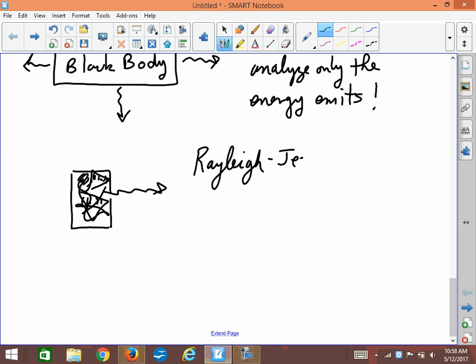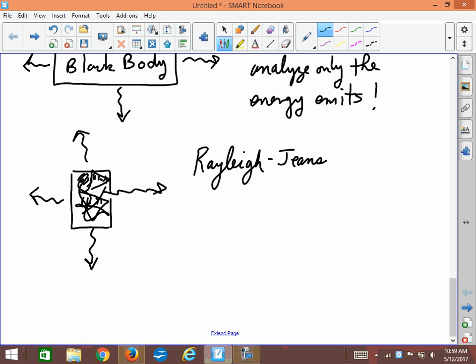So these guys came up with a mathematical expression, and what they were able to do was show that if something is radiating energy, the amount of energy that it radiates depends on the vibrations of its molecules, which depends on the temperature that it's at. So what this does is it relates the temperature of an object with the amount of energy that it radiates.